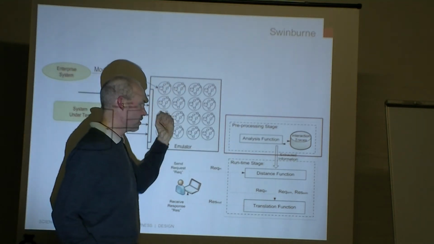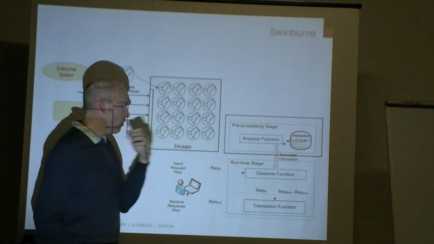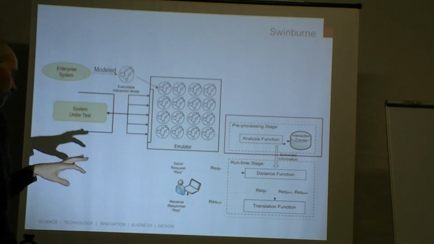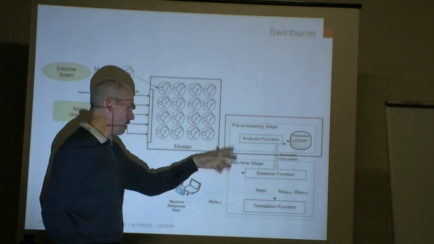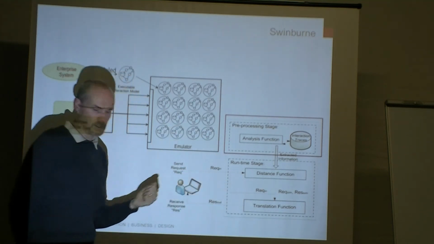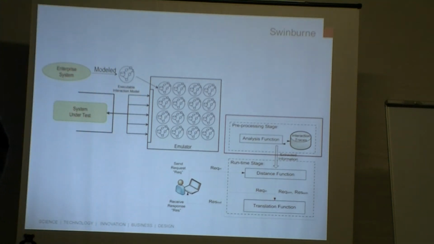When I get a request into one of these things, it uses this clustering model that we've developed to find the most likely closest response, modifies that depending on the parameters sent in the request via a translation function, and sends it back. We've managed to integrate this into one of CA's products, and it works remarkably well to mimic a large-scale deployment without actually having to have those physical endpoints, and we're quite interested in extending that work further.